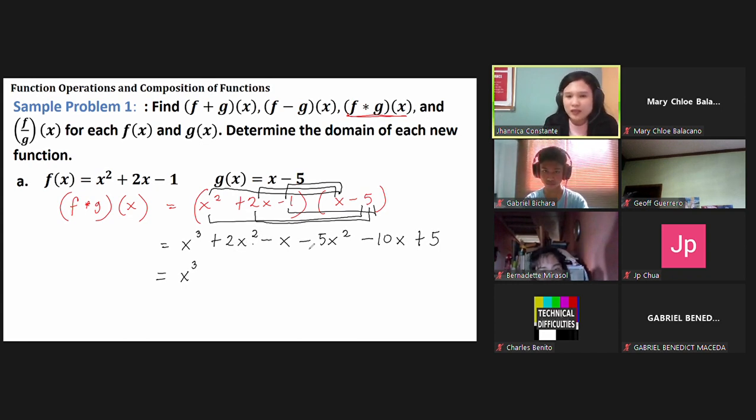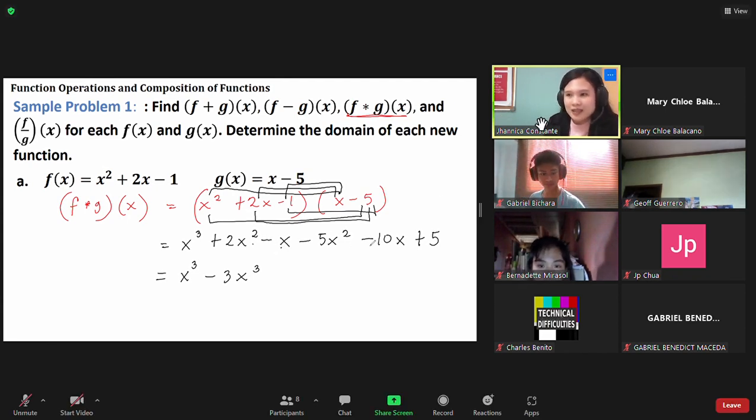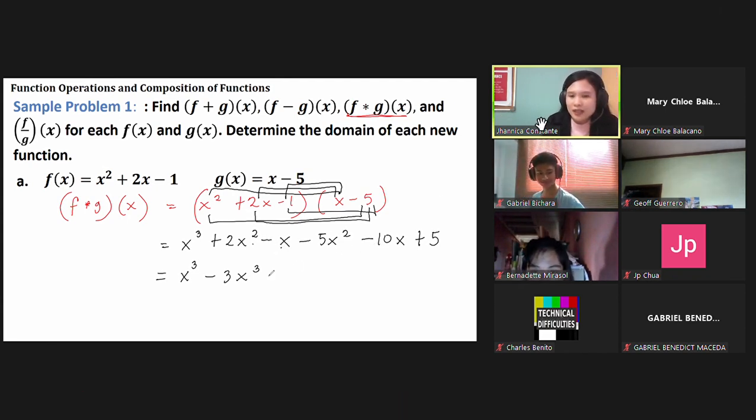For 2x squared, we have negative 5x squared, so 2x squared minus 5x squared is equal to negative 3x squared. Then negative x minus 10x will be equal to negative 11x, plus 5.